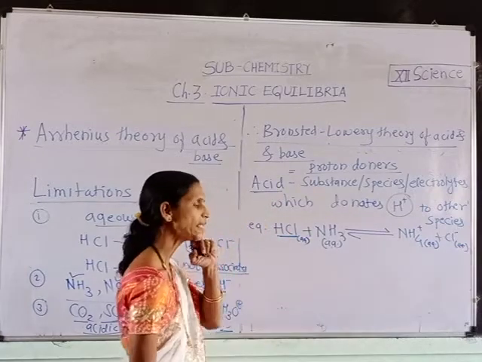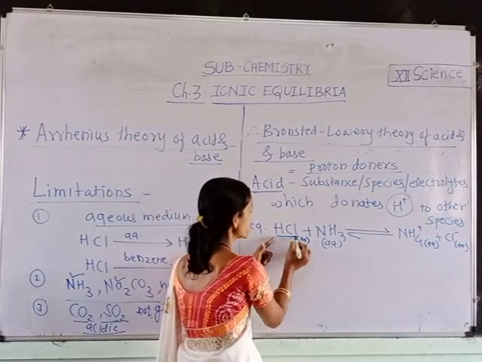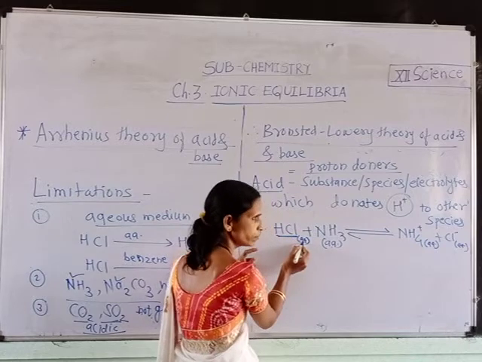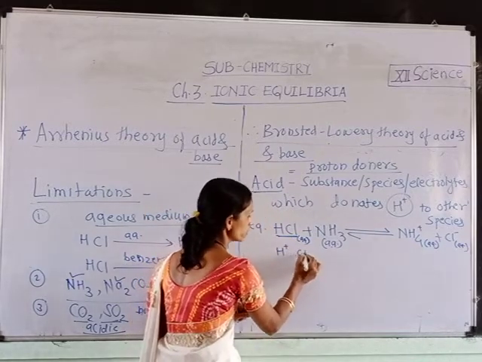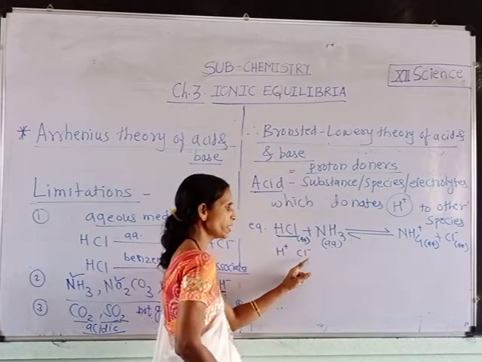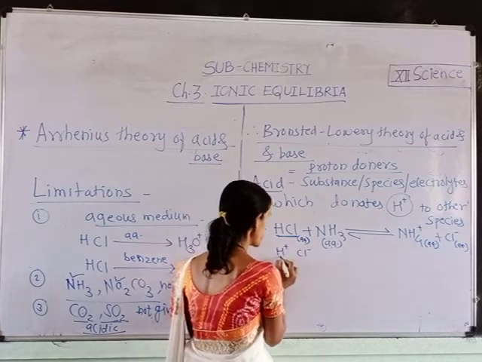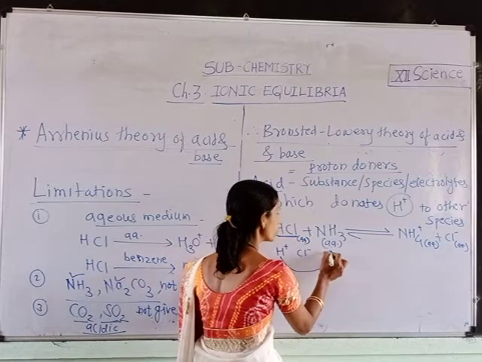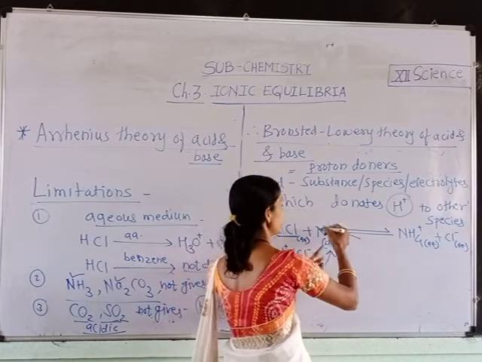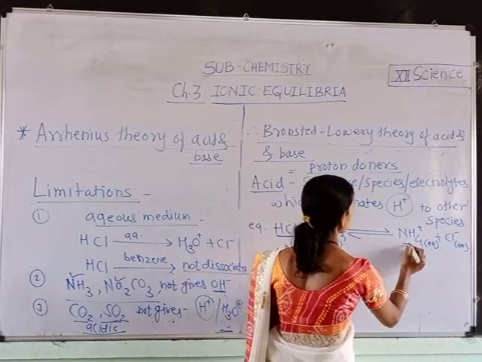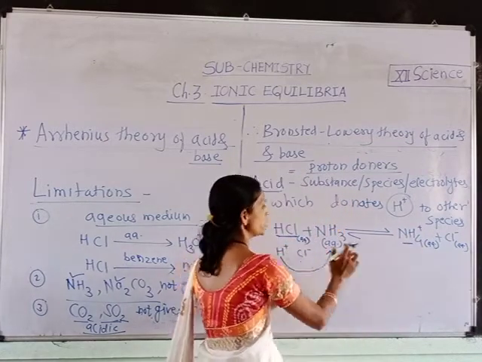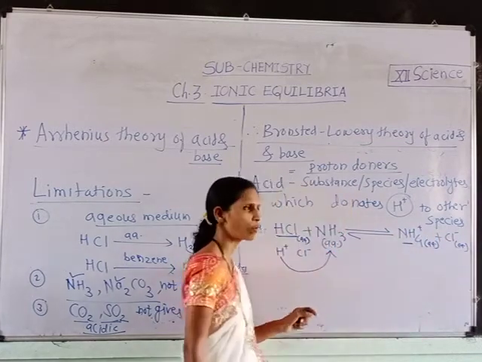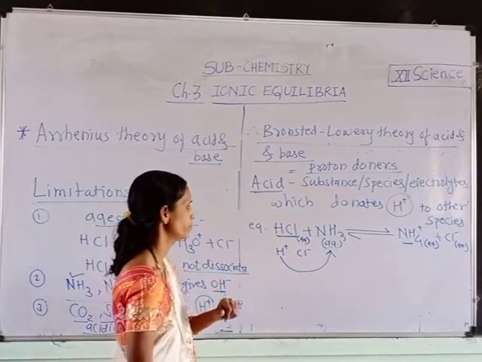That means the HCl in aqueous medium, according to Arrhenius theory, dissociates and gives H plus ion and Cl minus ion, and that H plus ion is donated to the ammonia, NH3 is converted into NH4 plus, and Cl minus ions are formed in aqueous medium.